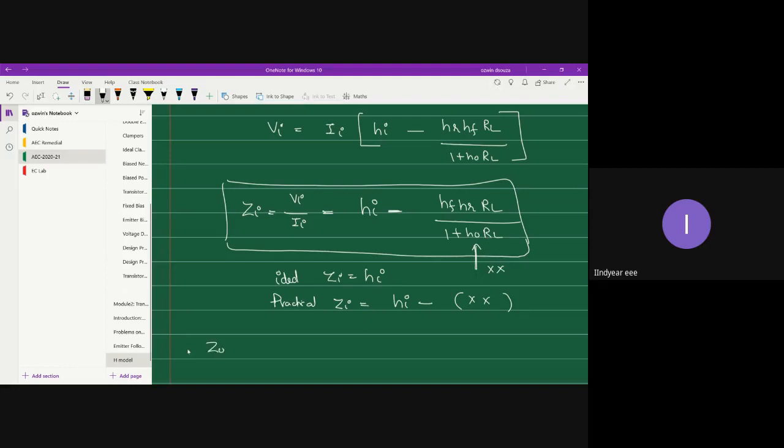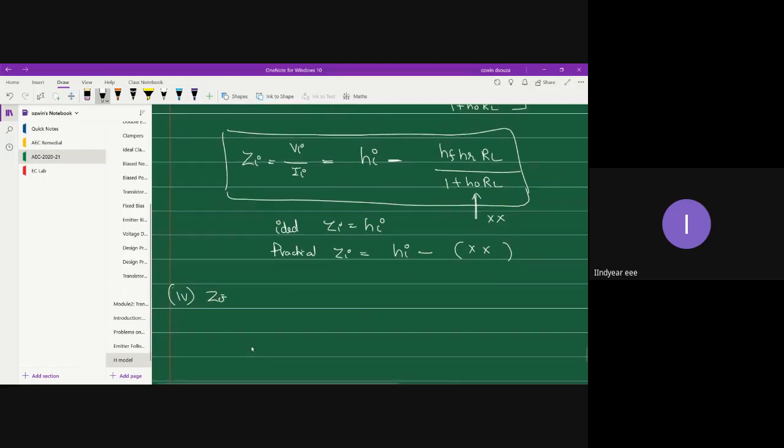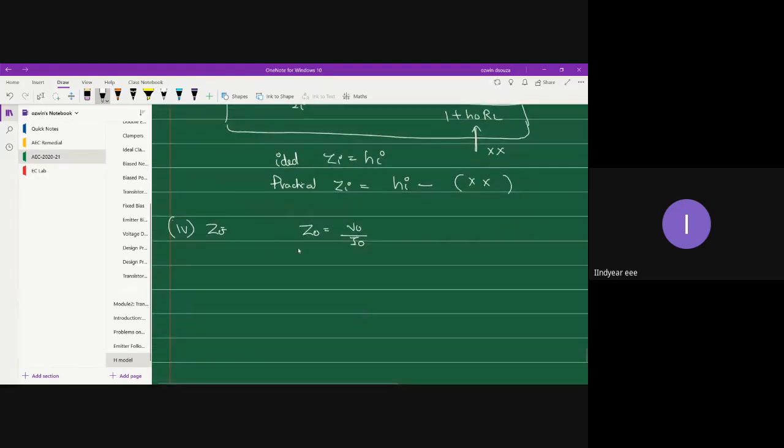So finally, we have our last hybrid parameter, Z naught. Z naught by definition is V naught by I naught. Let's apply Thevenin's theorem, because the equations are slightly complex, so if possible, it's better to use Thevenin's theorem.